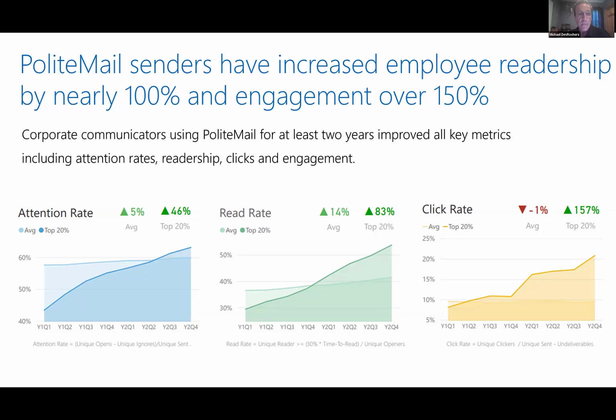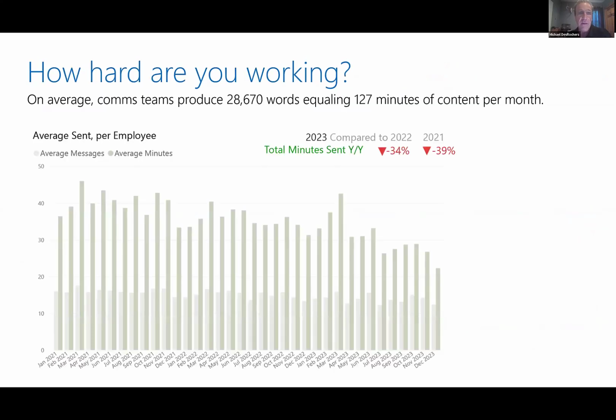All right. And generally, communicators are doing a lot of work. The chart here is messages, the lighter gray, and minutes, the darker gray. And again, you can see the immediate post-pandemic period had a lot more going on than currently.